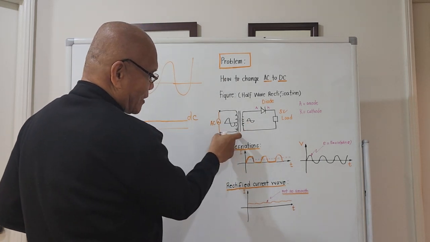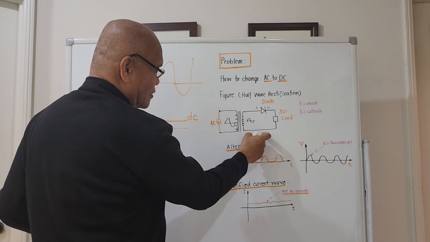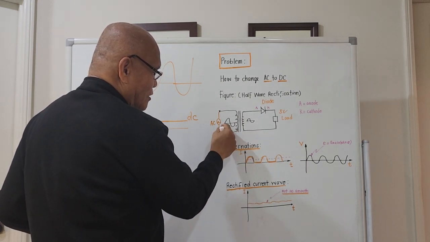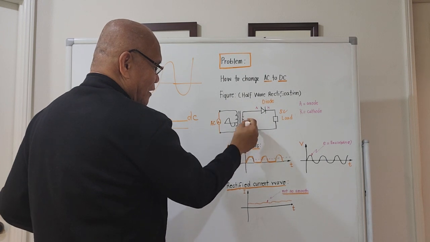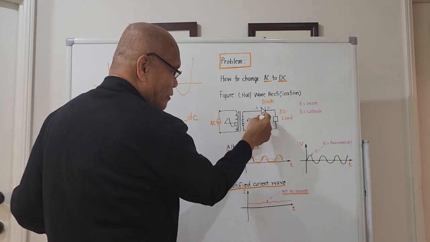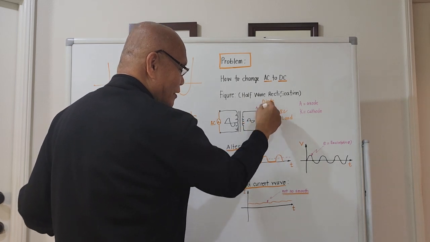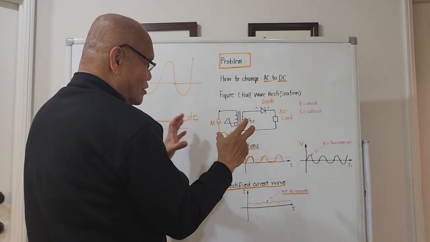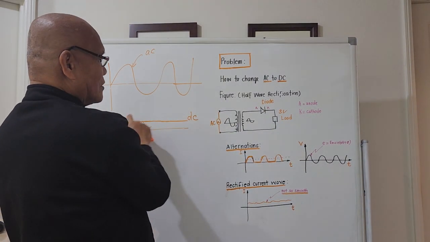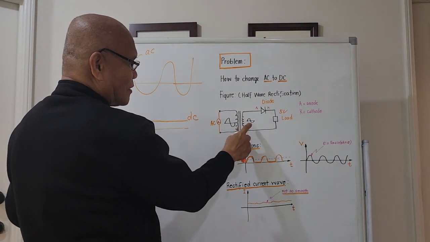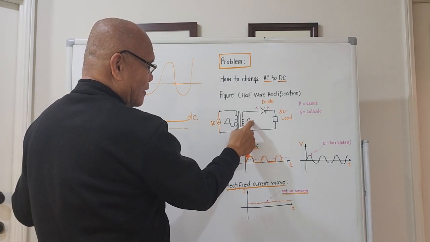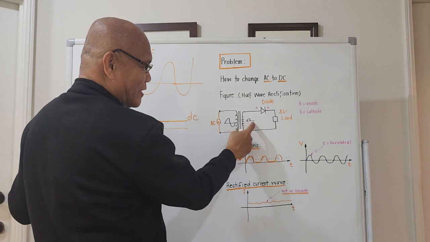So this is the primary side, this is the secondary side. The current on the primary is alternating, and the current on the secondary, that is before the diode, is also alternating. So for us to rectify this, we must remove the negative alternation. We will remove the negative alternation.